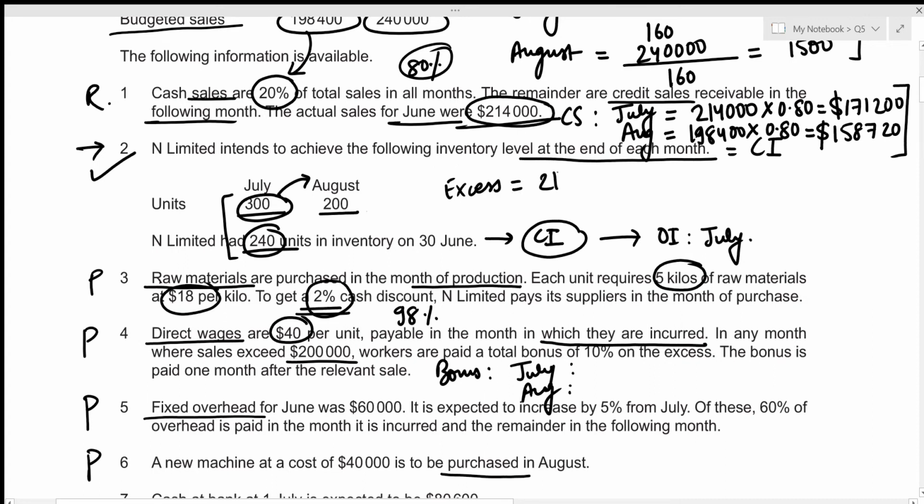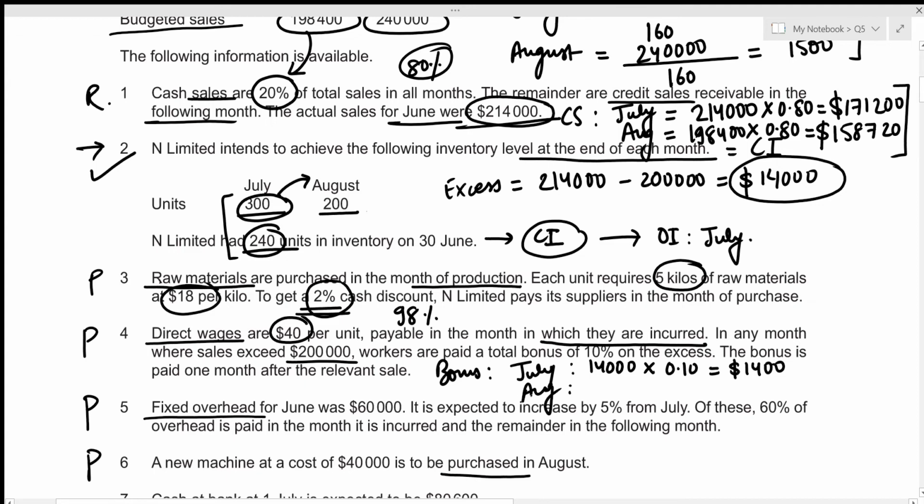So that's 214,000 minus 200,000. So the excess sales is that of 14,000. And the 10% of this 14,000 will be presented as a bonus in the month of July. So let's figure out the bonus amount. That's 14,000 times 10%, which you can write down as 0.10. So that's 1,400.